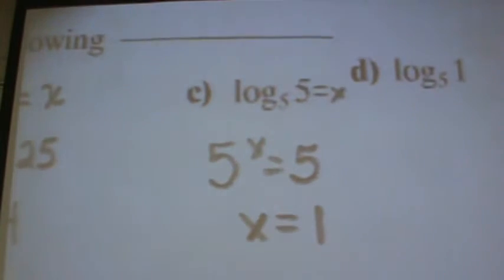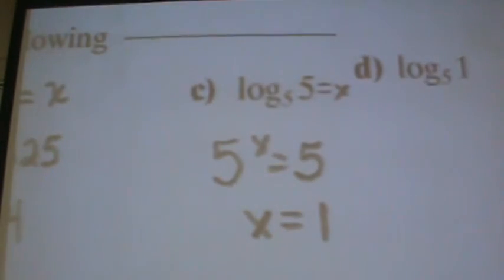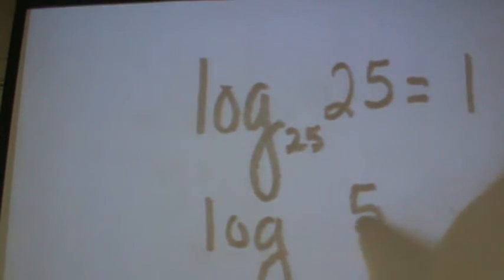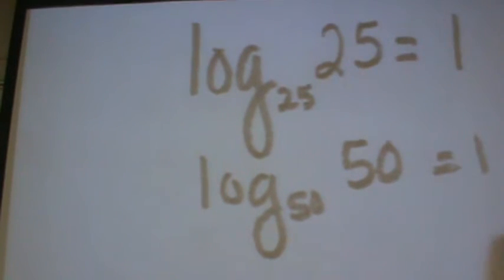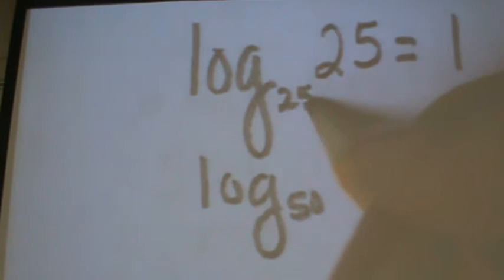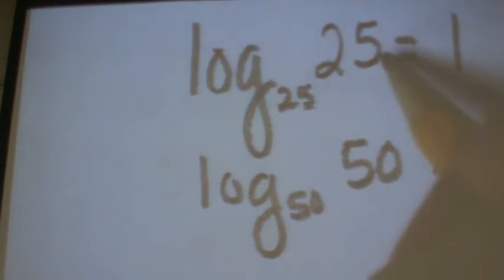What's the answer always going to be? 1. So if I had the log of 25 base 25, it's going to be 1. Log of 50 base 50 is 1. It just is, because this number to the 1st power is 25.